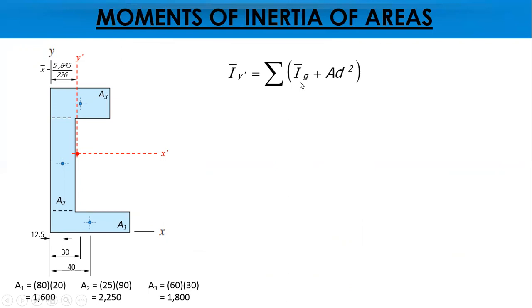Now for Y, the centroidal moment of inertia is 1 over 12 b cubed h. D is the distance between the two axes. So for D1, we have this one, the distance from the Y axis of the element to the Y axis of the whole area, and that is equal to 40 minus x bar.